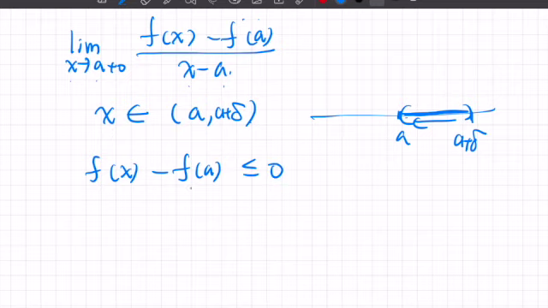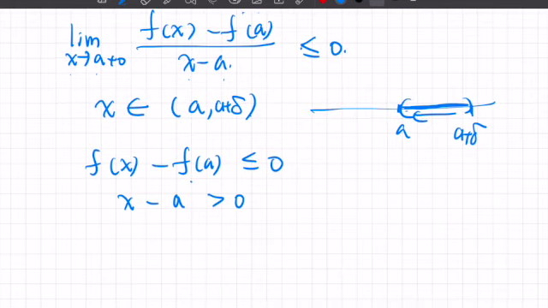And x minus a is positive, right? So this means this right limit is negative or 0.